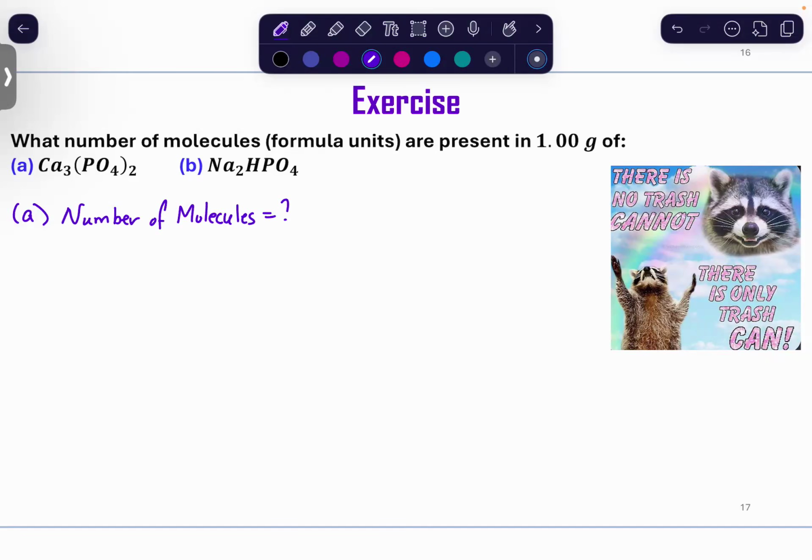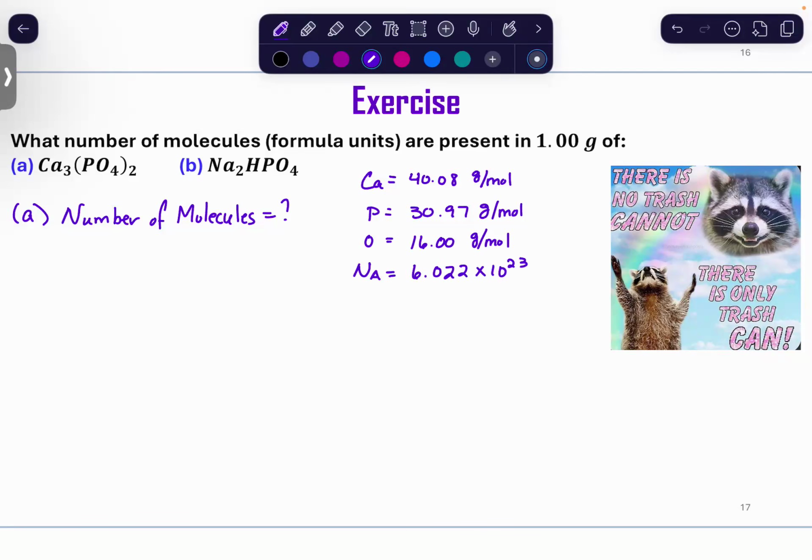Okay, what do I know? Calcium, 40.08 grams per mole. Phosphorus, 30.97 grams per mole. Oxygen, 16 grams per mole. And then Avogadro's number.